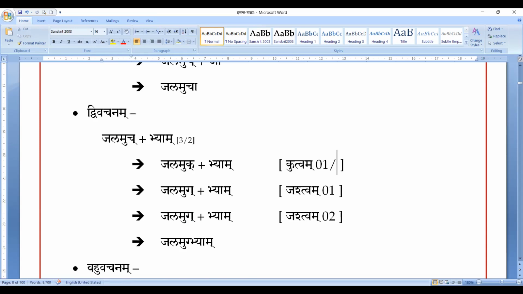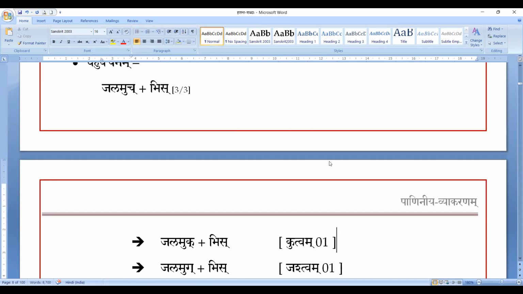If you want, you can write the number also for your sequential understanding: 8-2-30. Here it is 8-2-39. Can anyone say what is the jashtva vidhi number 2? 8-4-53. See the sequence, how it is applied. This order only I taught you in the beginning. Now I am inserting some more rules in between. When it comes, you have to apply. The sequence is to be followed the same.